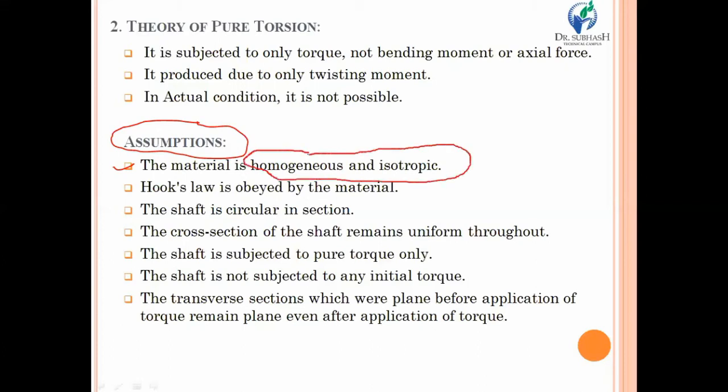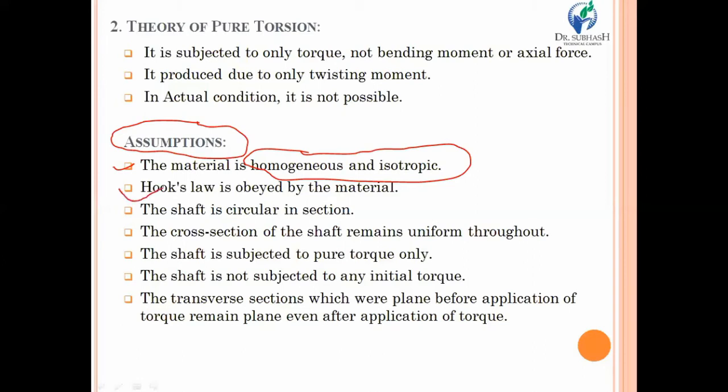It is a very similar assumption to what we consider in the case of the bending stress equation. Homogeneous itself means the material is made with uniform content. Every cross section contains the same material. And isotropic means the elastic property remains the same throughout the entire section. So this is the first consideration.